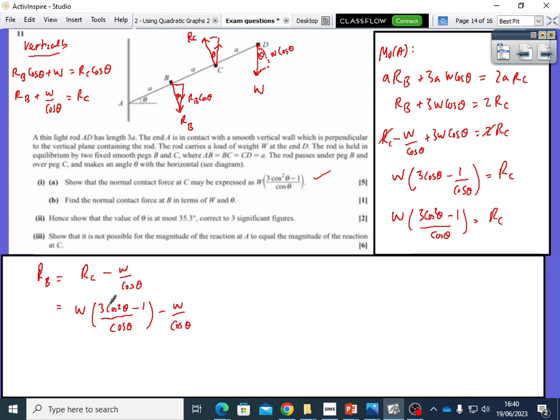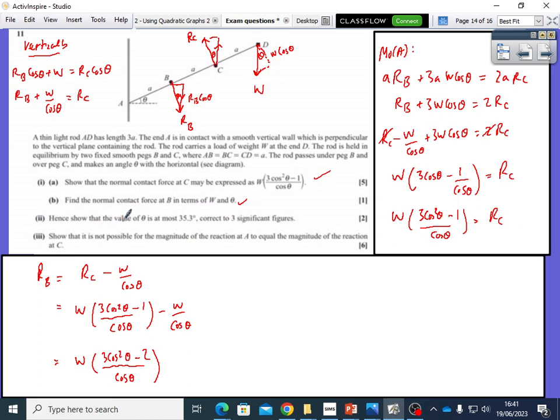Now note that if I put the W in there, that will be a minus W over cos theta minus W over cos theta. It's going to be minus 2W over cos theta. So I can just simply write this as 3 cos squared theta minus 2 all over cos theta and close bracket. Okay, that's the easy way to do that one.